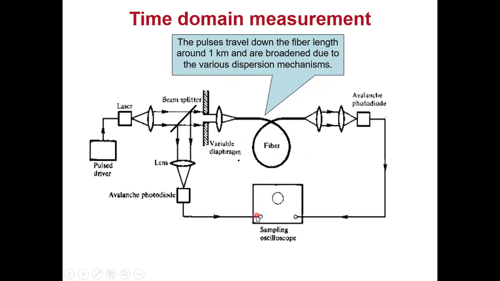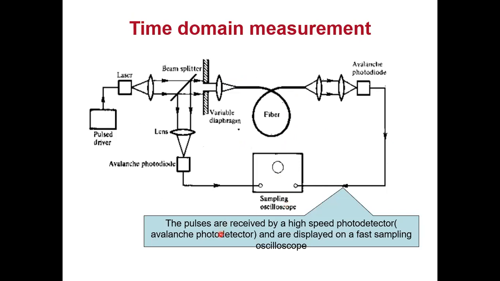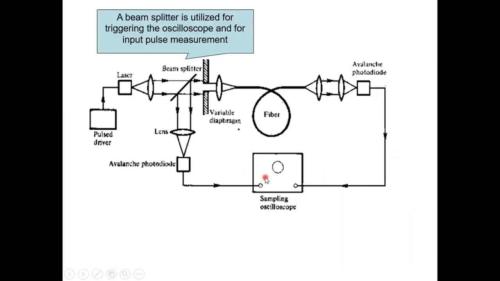When I compare the input pulse width in one channel of the oscilloscope with the output signal on the second channel, I can make out that the pulse has broadened with respect to time. The pulses are received at the receiver by a high speed photodetector. Usually we go for an avalanche photodiode. And we note down the change in the pulse width.